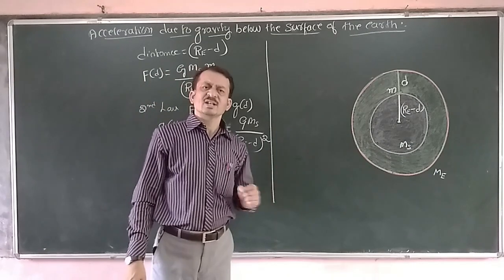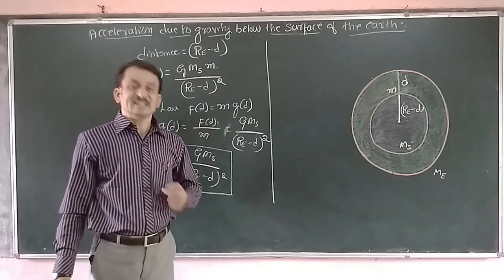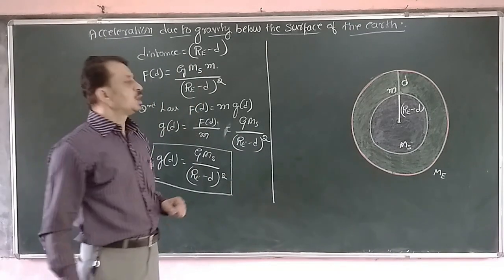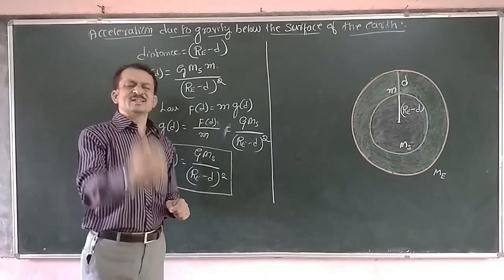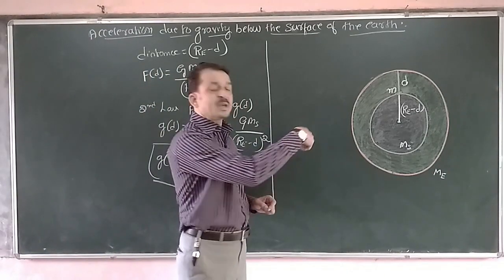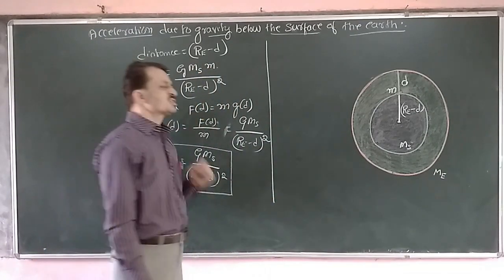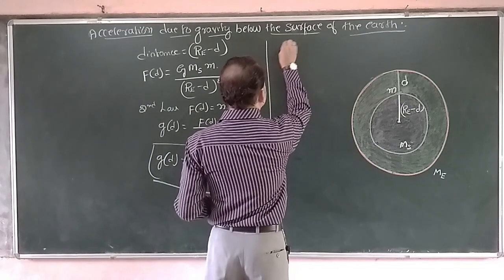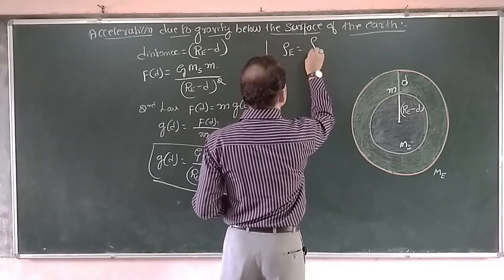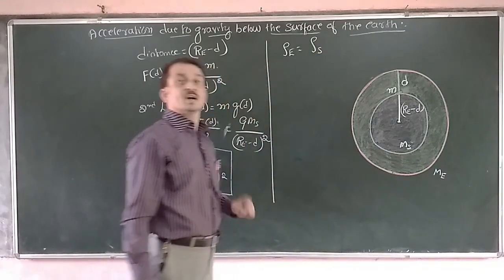Here, the earth has uniform density, that is mass by volume of the entire earth should be same as mass by volume of the inner sphere. Density remains constant. So the density of the entire earth and the density of the inner sphere are equal.